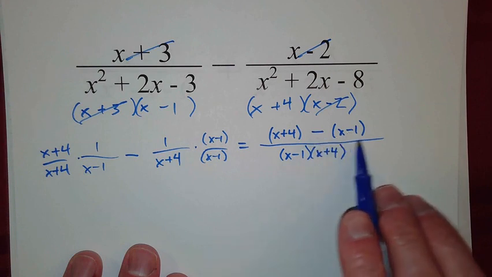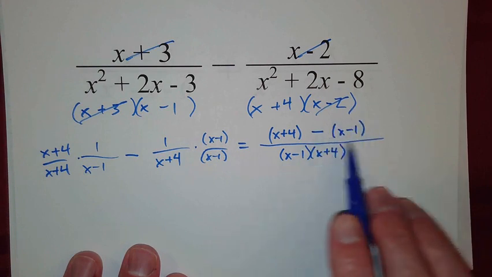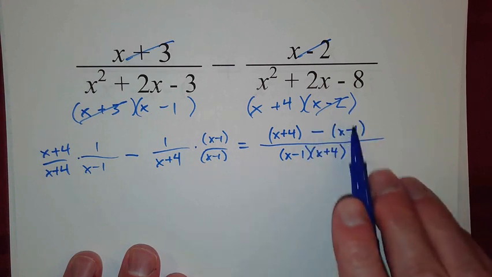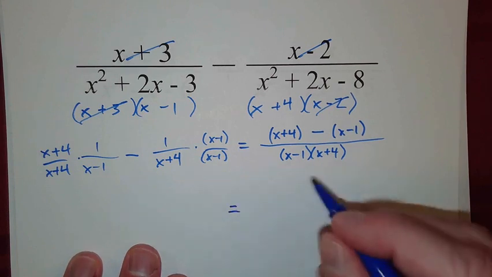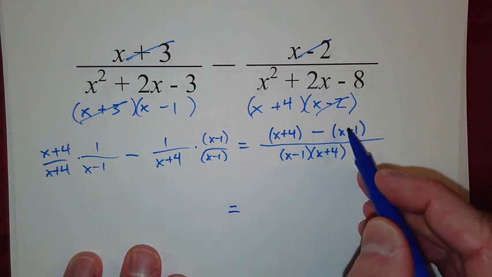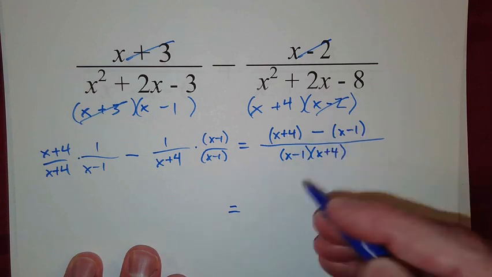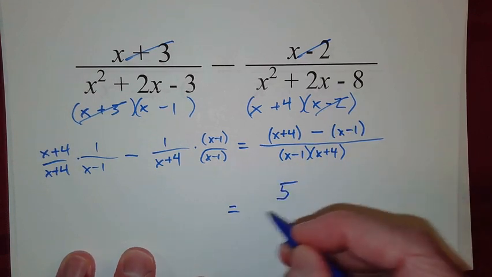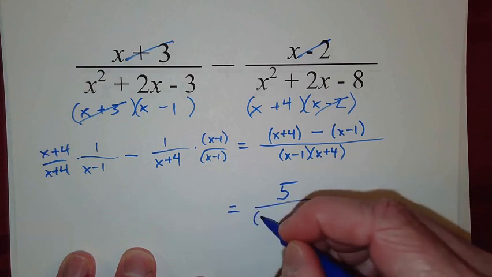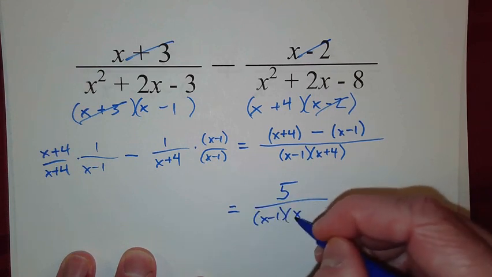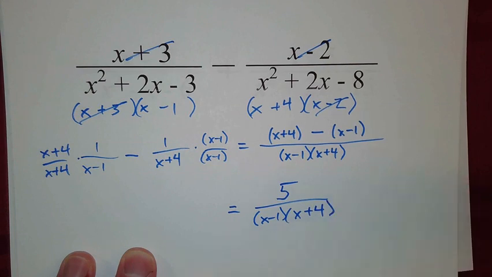I'm subtracting both of these terms, minus x and minus negative 1. So when I put these together, I'll have x minus x, well, that's 0, and 4 minus negative 1, that gives me a 5. So 5 over x minus 1 times x plus 4. And there's my simplified form.